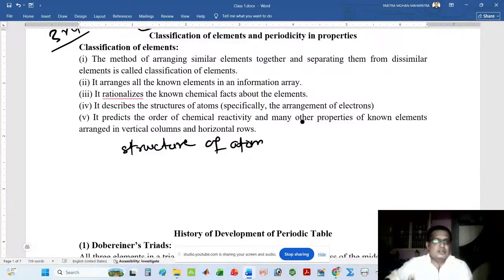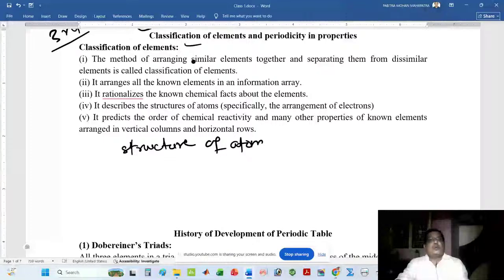So they followed a method of arranging and classifying the elements. Many periodic tables have already been discovered by different scientists. All the classification of elements is generally considered as classification of elements.